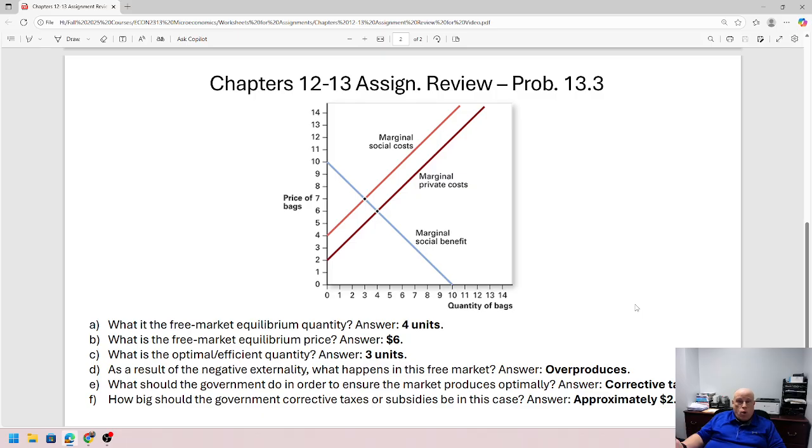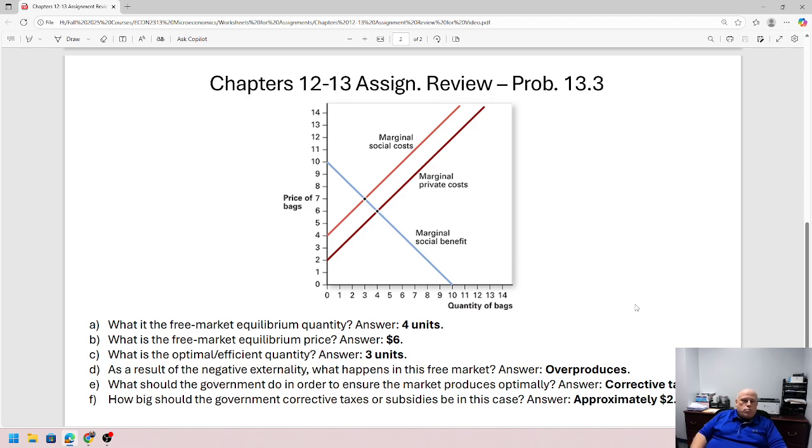And this is often what the government does in order to keep pollution under control and so forth in certain markets. They impose a tax so that producers will not produce at the marginal private benefit.